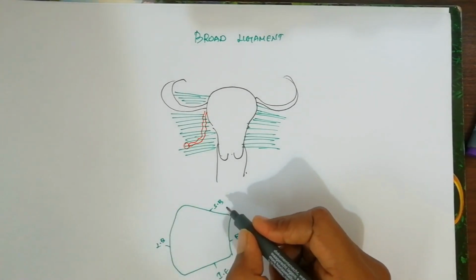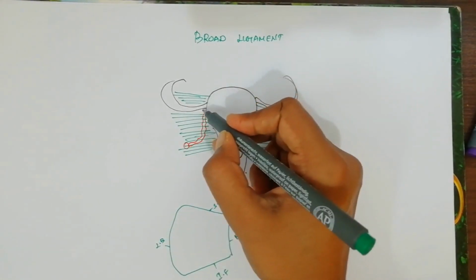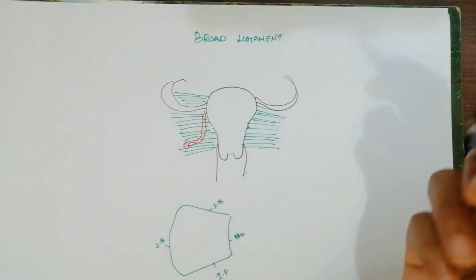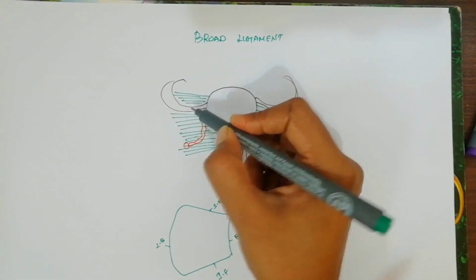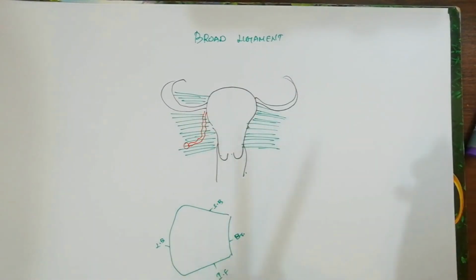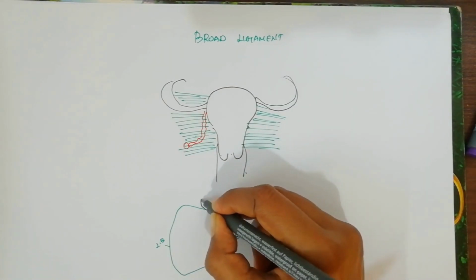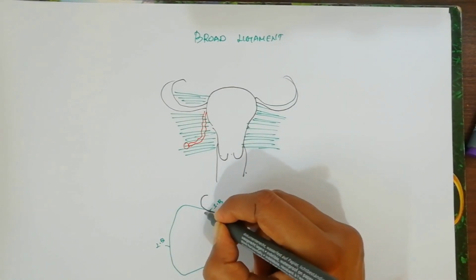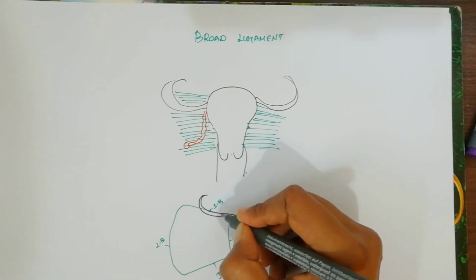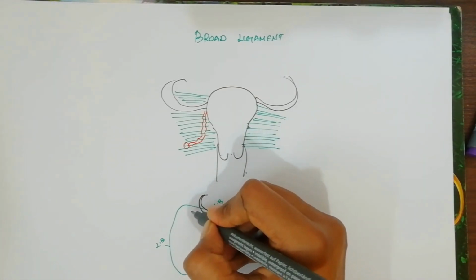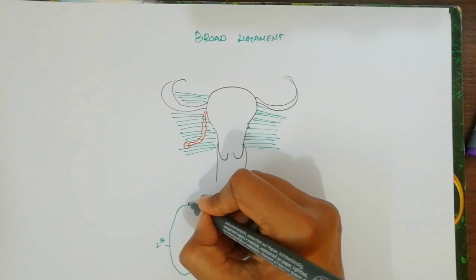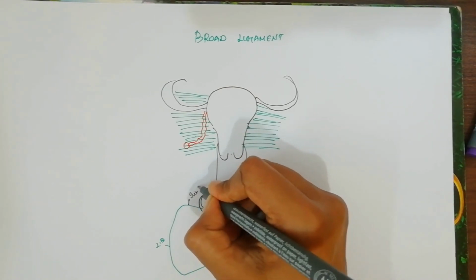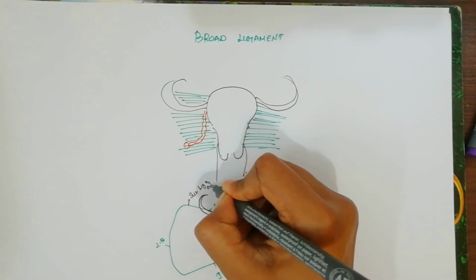In the superior border we have got the presence of the uterine tube. The medial 3/4 is related to the uterine tube, and the lateral 1/4 is going to form the suspensory ligament of ovary.